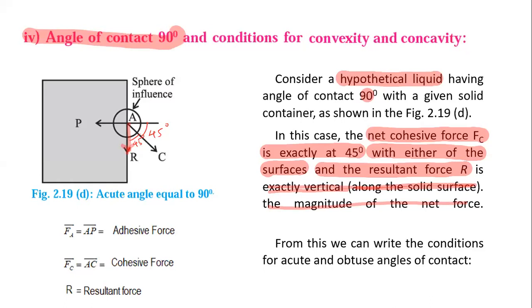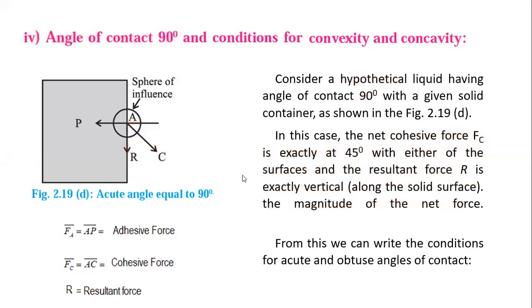And here pay attention, there is no curved surface, so we draw a tangent here. Obviously the angle of contact is this angle, which is 90 degrees. So this is the hypothetical case that you remember. In simple words, here the cohesive force is at 45 degrees with the surface and with this resultant.